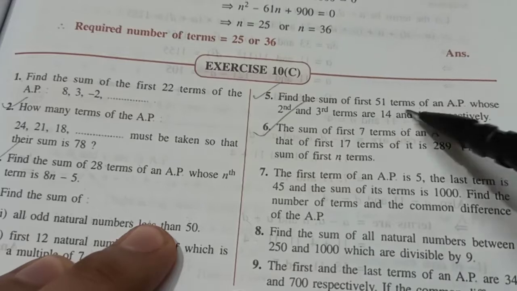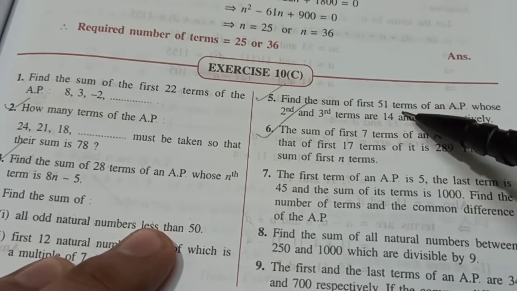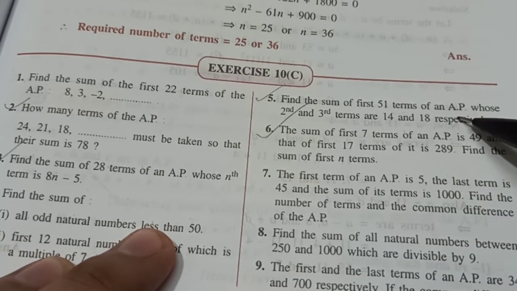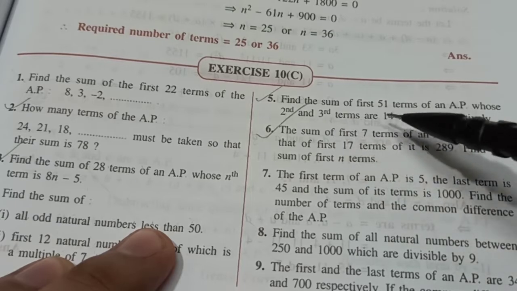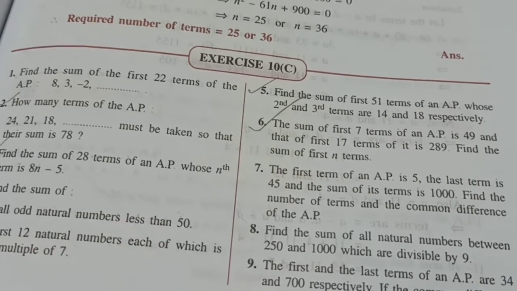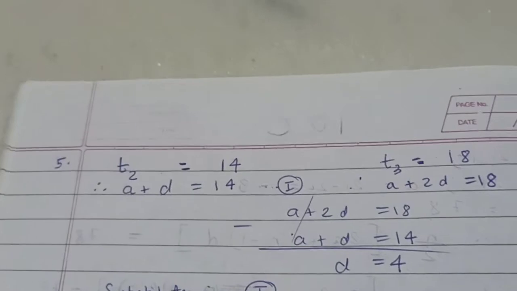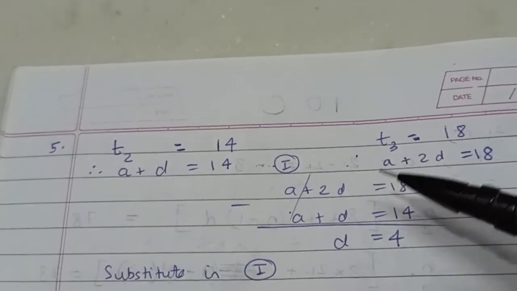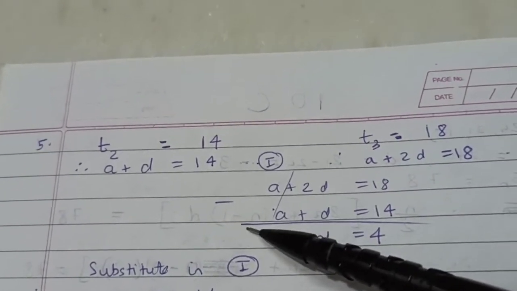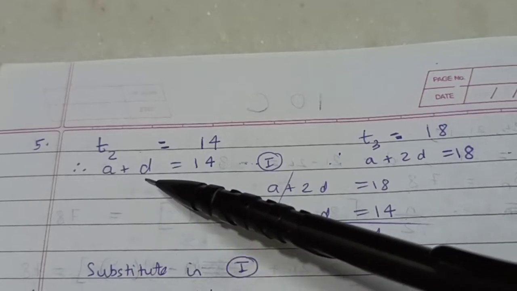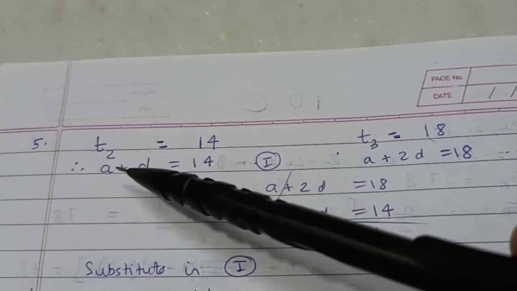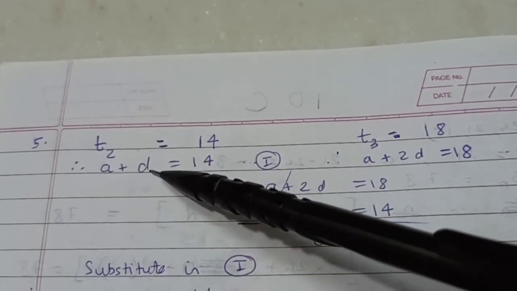Next, the fifth sum. Find the sum of the first 51 terms of the AP whose second and third terms are 14 and 18. Well, if they've given us the second and the third term, we can find the values of a and d. Because the second term is a plus d is equal to 14. You know the formula, a plus n minus 1 into d.